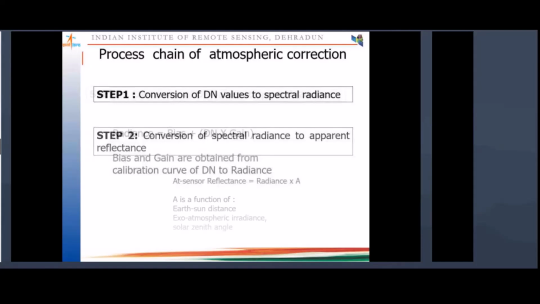There are some factors which can be used to convert this radiance to reflectance, one of which is the Sun to Earth distance, which depends on which day of the year we are looking at.